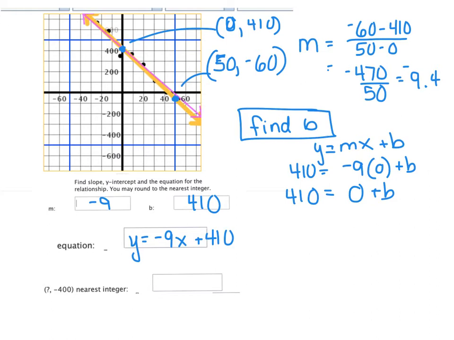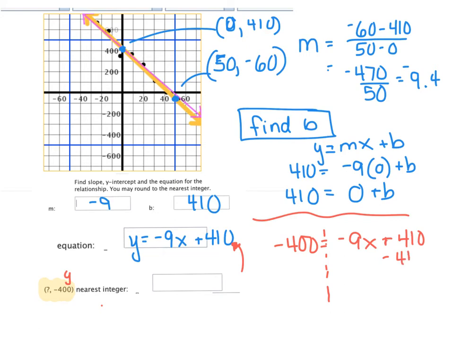Now, this final part gives me an ordered pair, and the ordered pair that they give is going to vary. This time they give me the y value. Sometimes they're going to give you the x. So I'm going to use this previous answer and substitute for whatever letter they give me. I write negative 400 equals negative 9x plus 410, and I solve this.